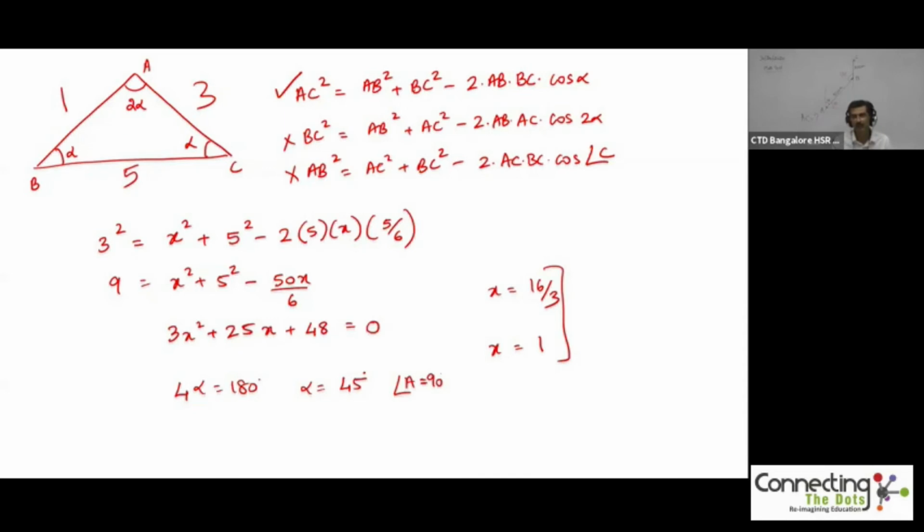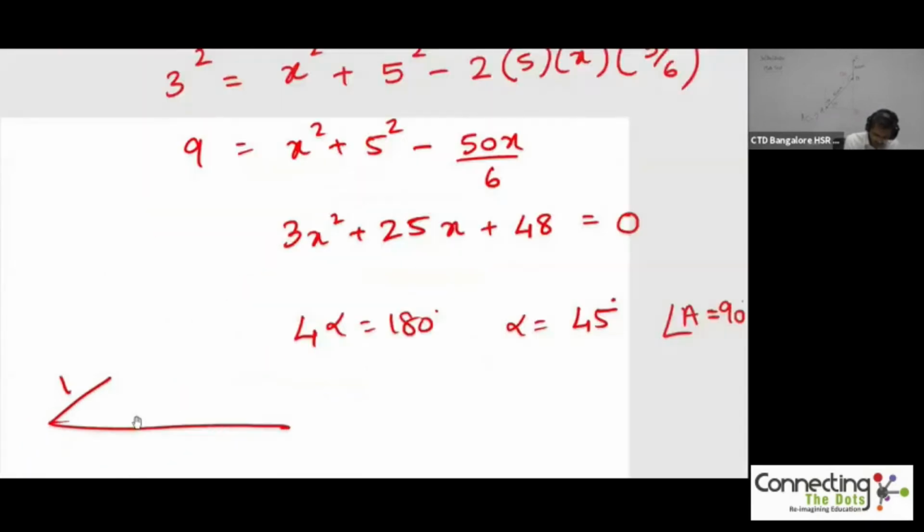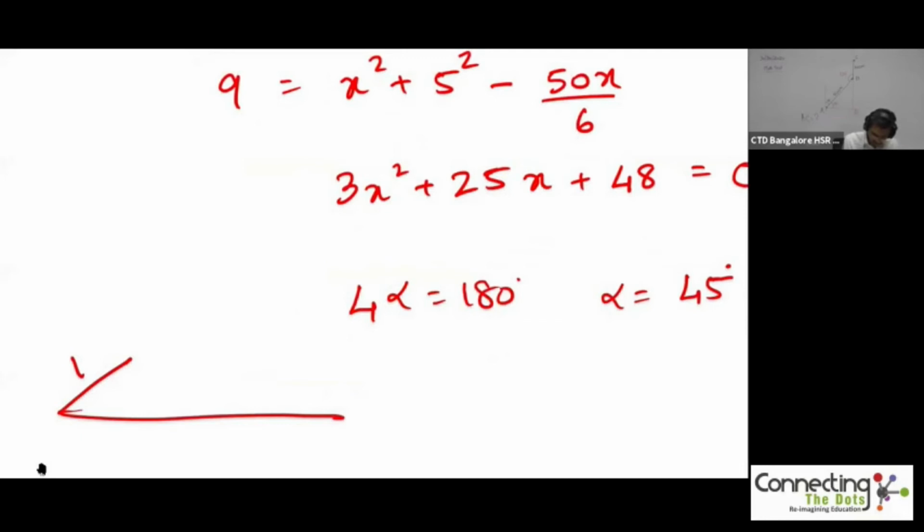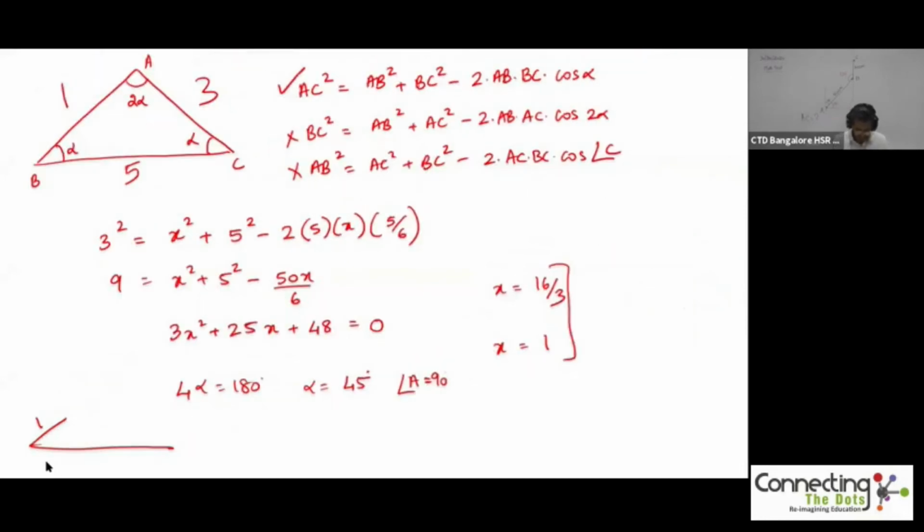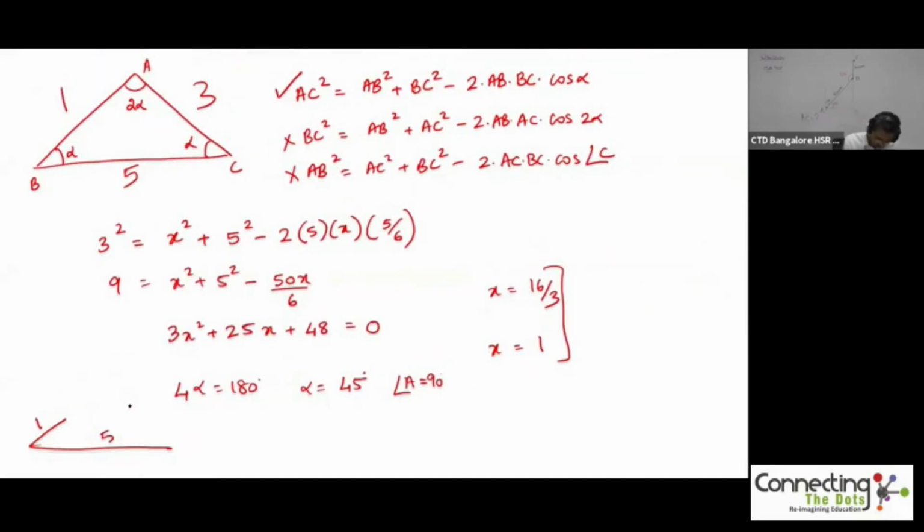It will be something like this: 5, and this is 3. They don't touch each other, right? Is it possible for x to be 2? No, for the same reason. They will end up being on the same straight line. This is 2, this is 3, and this is 5.